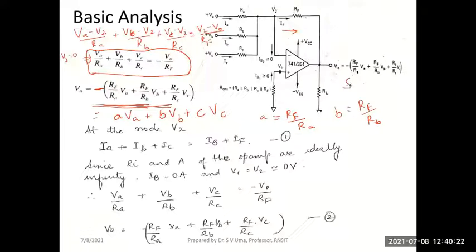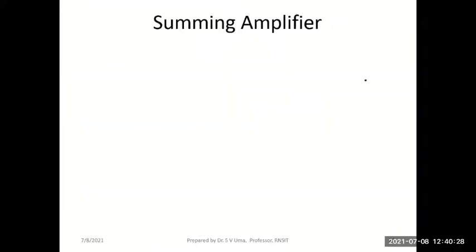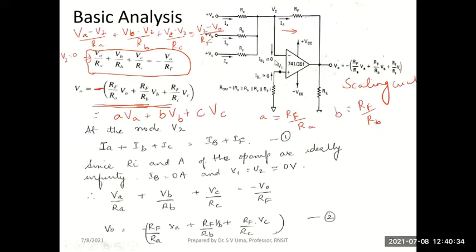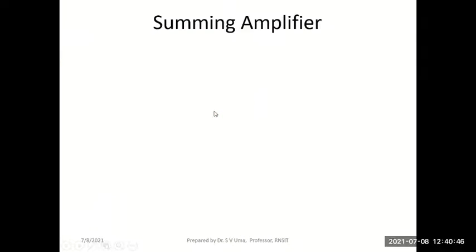In the basic form, I can simply call this a scaling circuit, where it would simply scale the various input voltages by different constant values, and it will also invert because all the values were given to the inverting terminal. Is that clear?